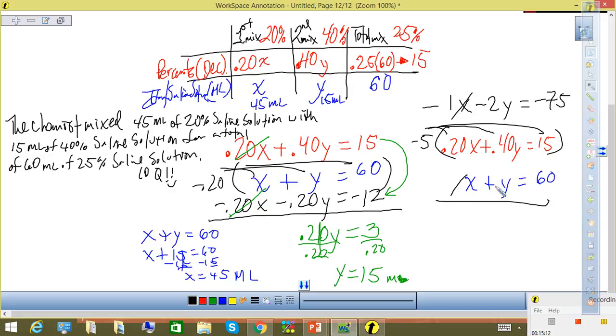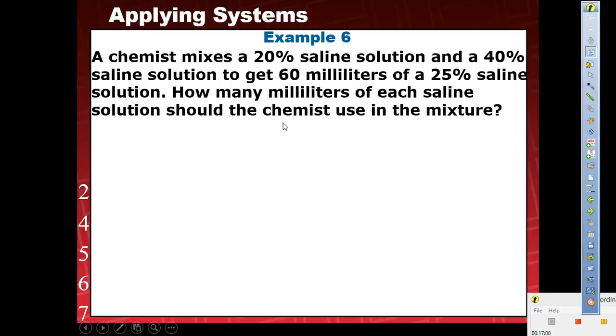Now we can eliminate these two. Does everybody see what we're doing? We end up with -y equals -15. Divide by -1. Y equals 15. Yes? Just FYI. Okay? So, that's mixture problems.